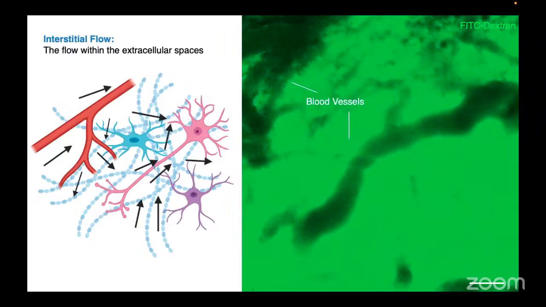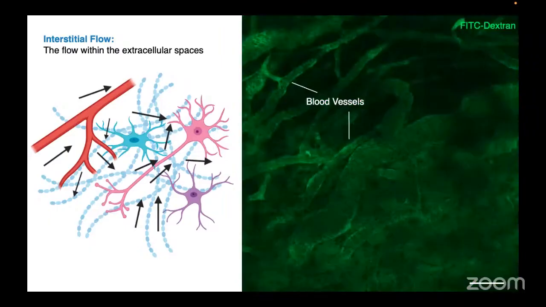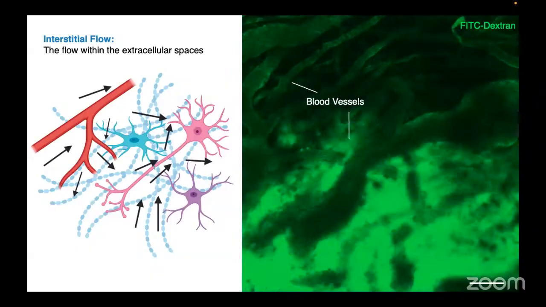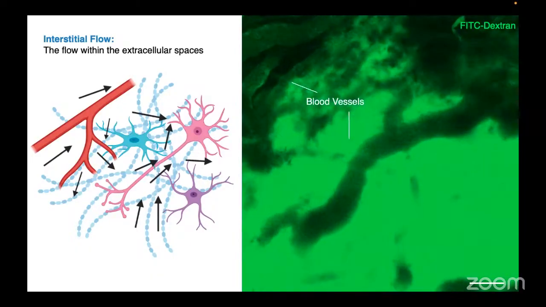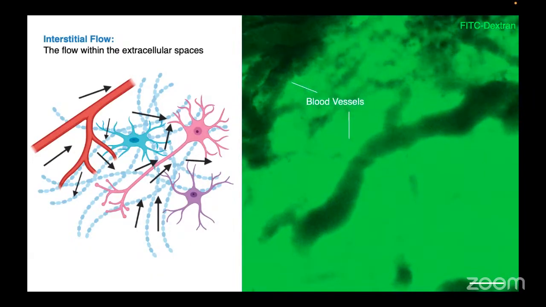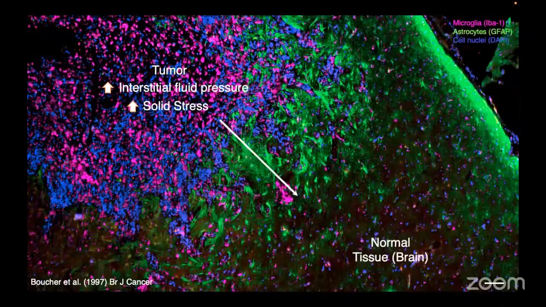So if you watch this movie, this is contrast agent dye coming out of blood vessels into interstitial spaces. And this is something that can be physically modeled through transport equations. It's also incredibly important in how disease progresses and manifests.